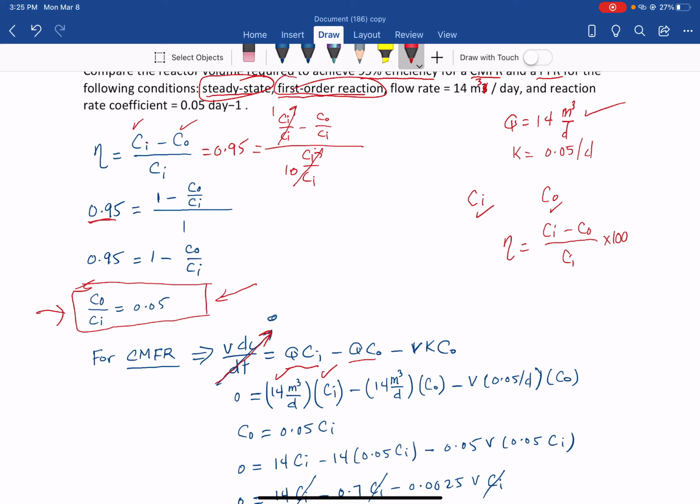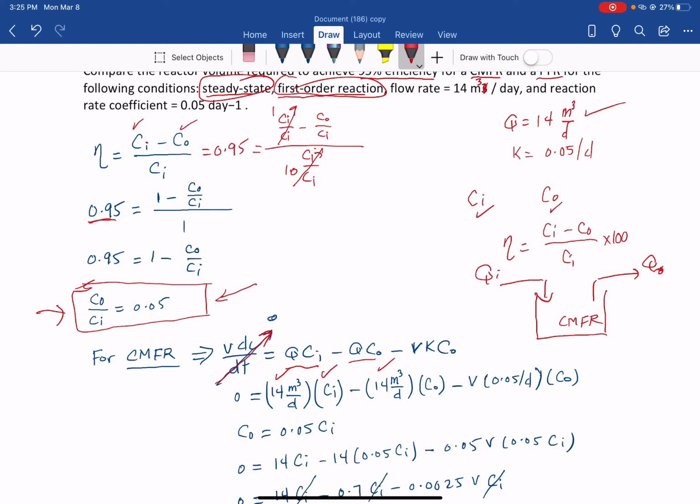Now we have the flow rate 14. Ci is unknown, minus 14, the flow rate did not change. Remember for a CMFR, this is the tank, flow rate in and flow rate out are equal. This is the CMFR assumption.